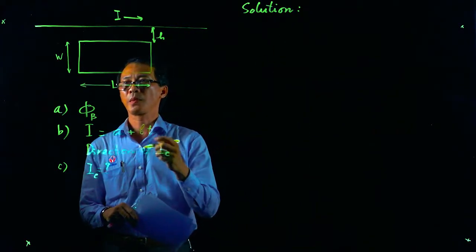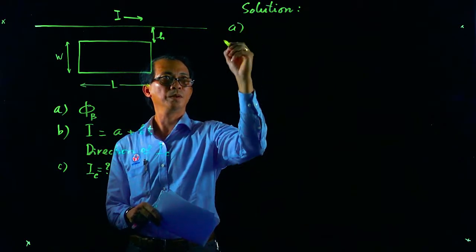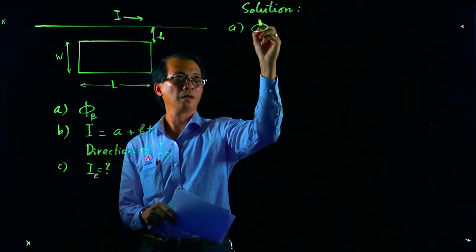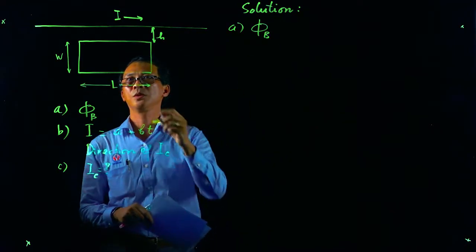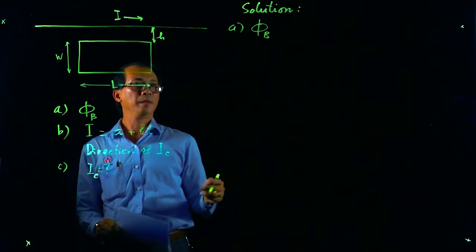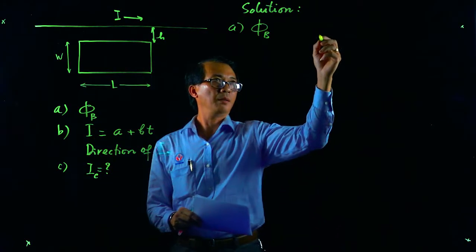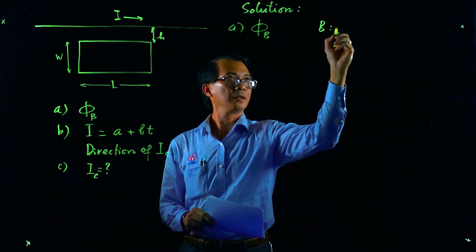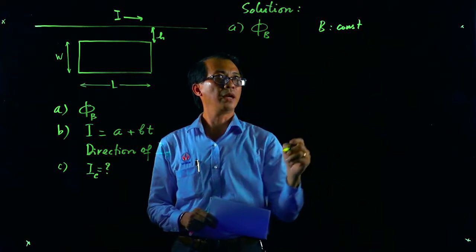First of all, we have to calculate the flux through this loop. It's not easy because when B is constant, then it's easy.